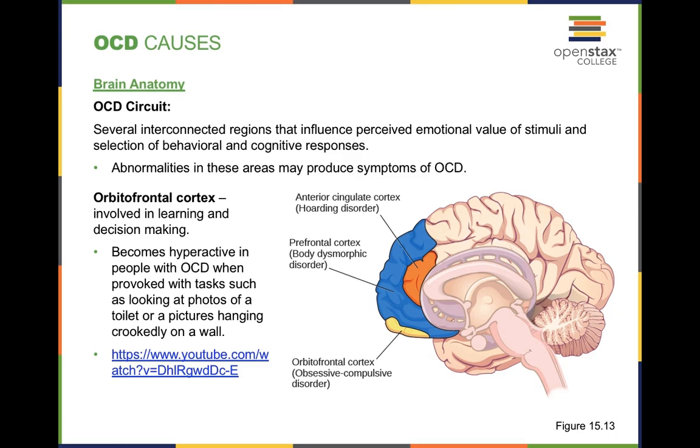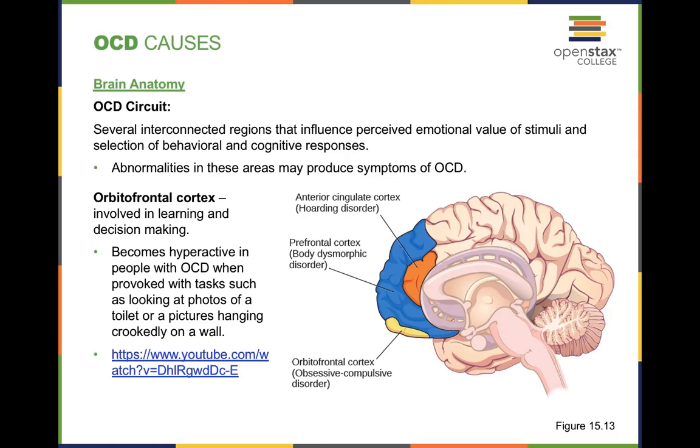Now, when it comes to the prefrontal cortex, as we've mentioned, the prefrontal cortex is like that filtration system where it is involved in decision making, problem solving, and judgment, allowing you to be the mature area of the brain, right? But whenever there's an imbalance or there's a difficulty, I should say, with the prefrontal cortex, this is associated with body dysmorphic disorder. Okay.